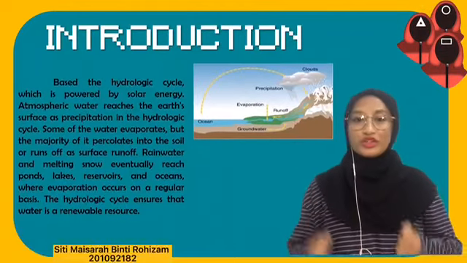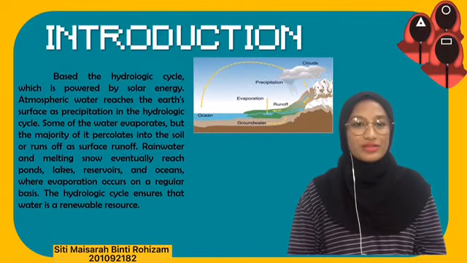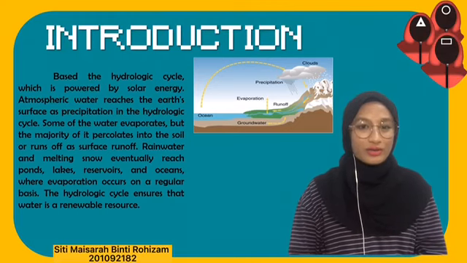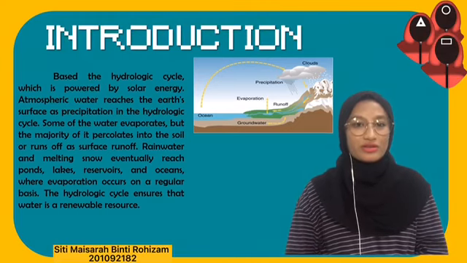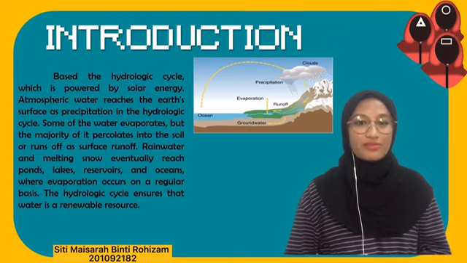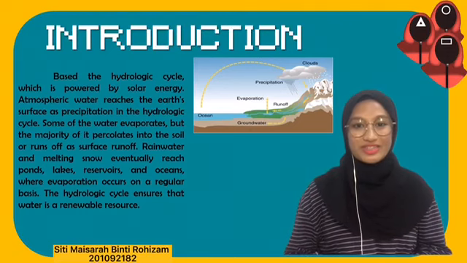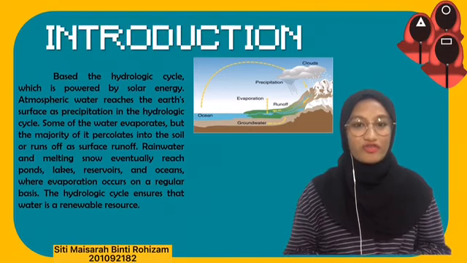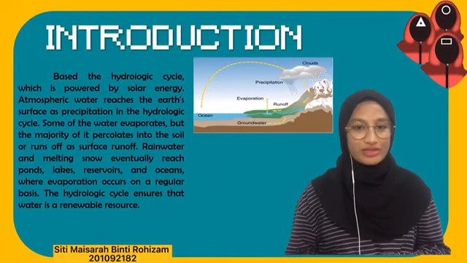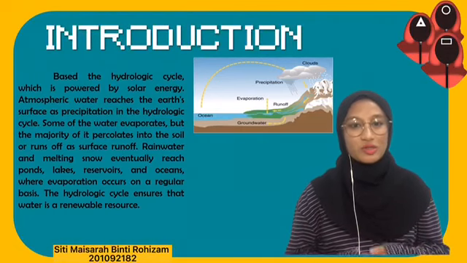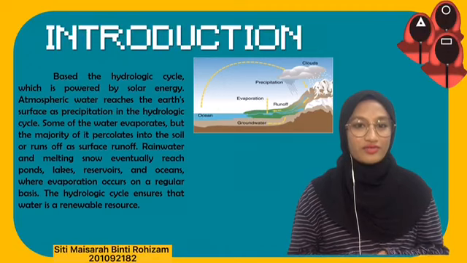This figure shows how water is constantly moving through the hydrologic cycle, which is powered by solar energy. Atmospheric water reaches the Earth's surface as precipitation in the hydrologic cycle. Some of the water evaporates, but the majority of it percolates into the soil or runs off as surface runoff.